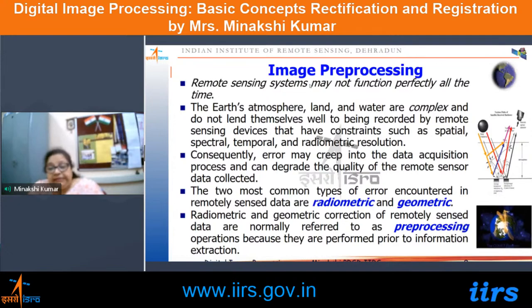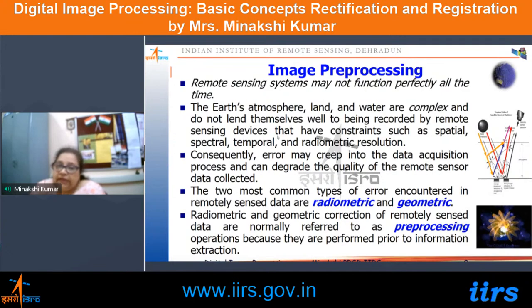Because remote sensing systems, by which I mean the sensors on board the satellite, the combination of them, may not function perfectly all the time. Of course, they are calibrated before being sent to orbit, but sometimes they may go out of calibration and may not function perfectly.